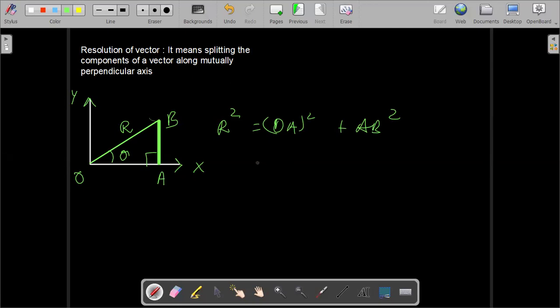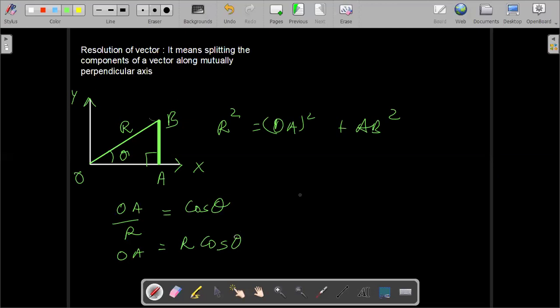So if I want to break it into components, I'll be finding OA and AB. OA divided by R is equal to cos theta, right? So OA by R is equal to cos theta, and hence I obtain OA equal to R cos theta.